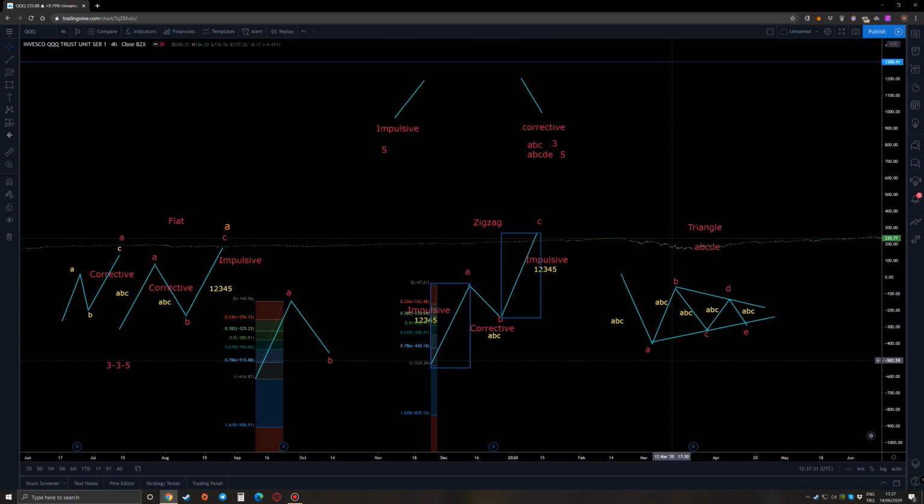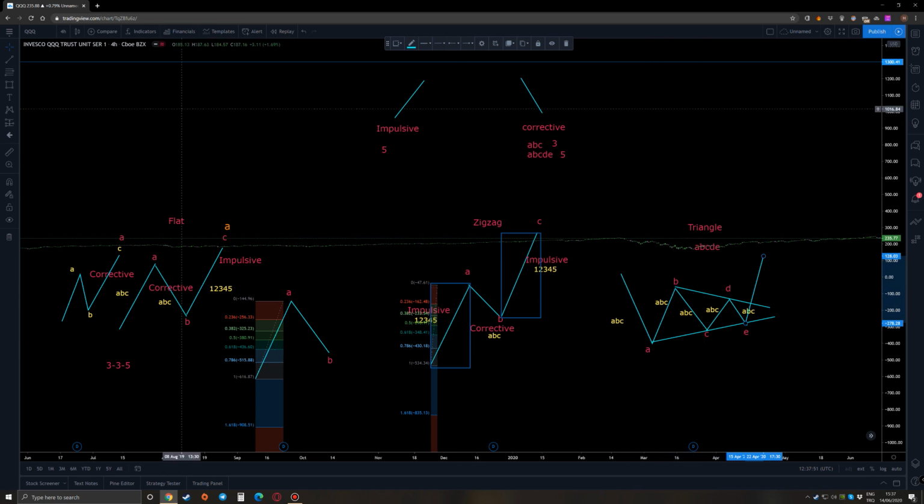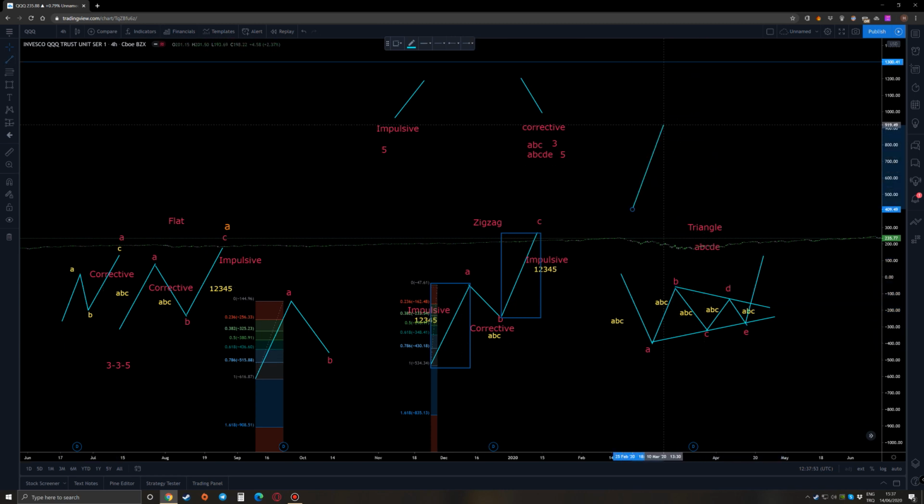Okay. Now, by far the most important trend line for a triangle is the B to D trend line. If the B to D trend line is on the up, it means that this triangle will break higher. If this B to D trend line is on the downside, which I draw just like this, the triangle looks like this.